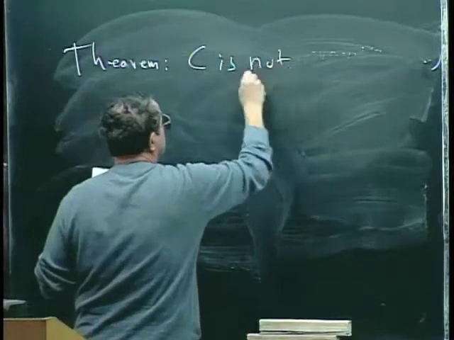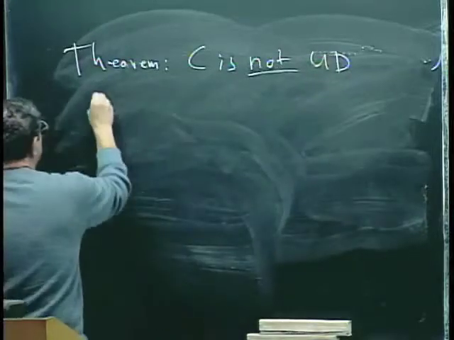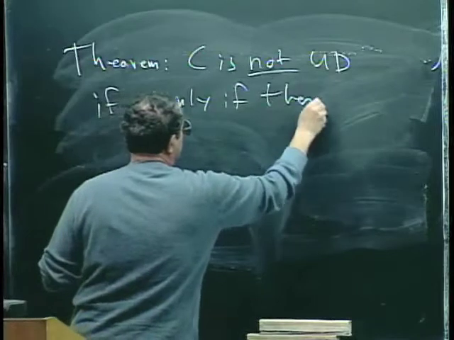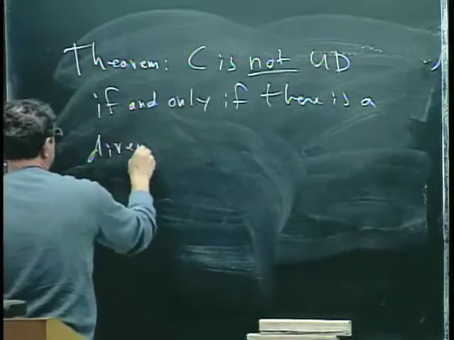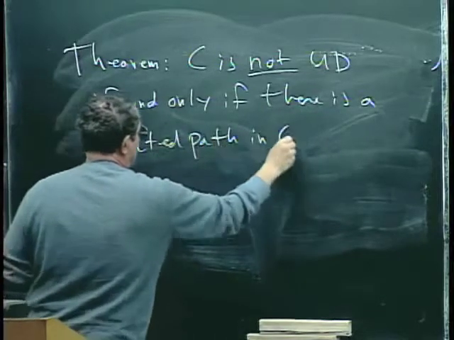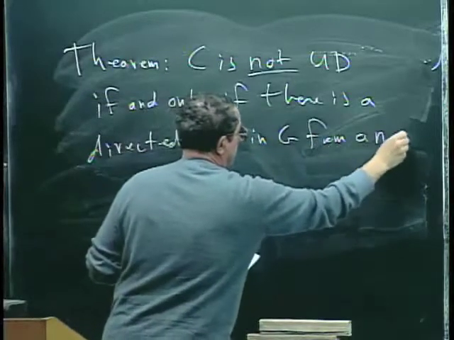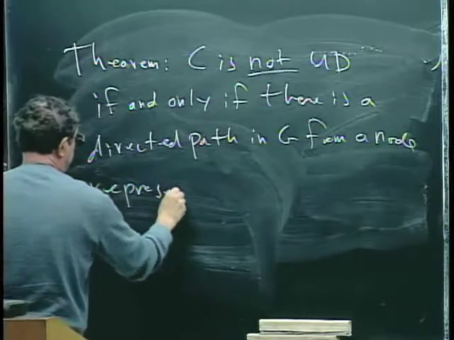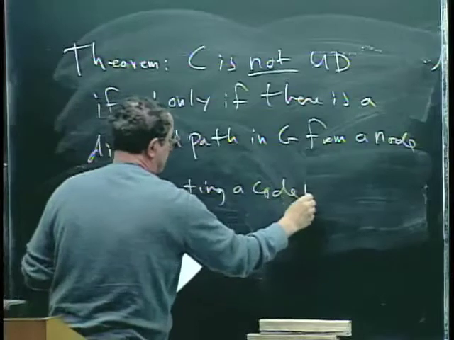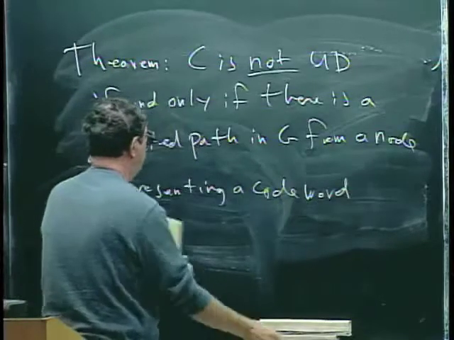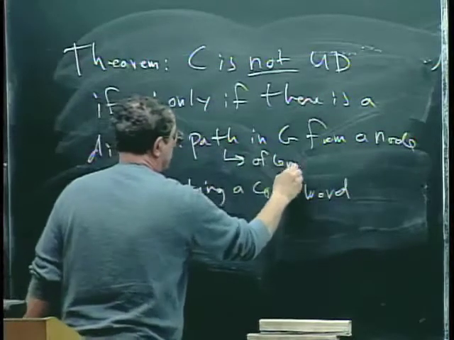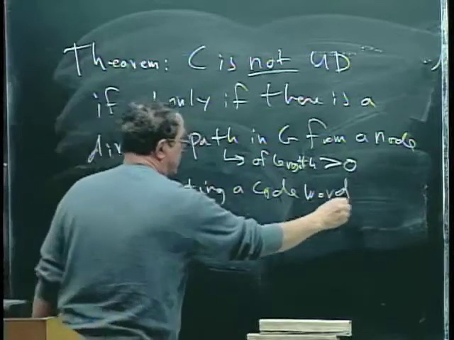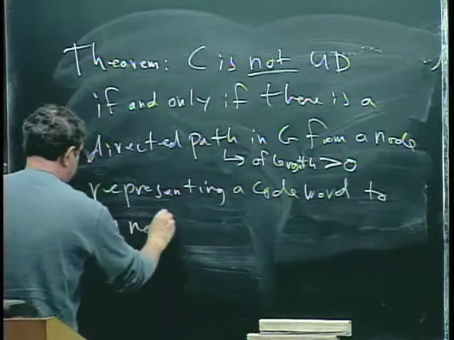C is not uniquely decipherable if and only if there is a directed path in G from a node representing a code word, of length greater than 0, to a node representing a code word.